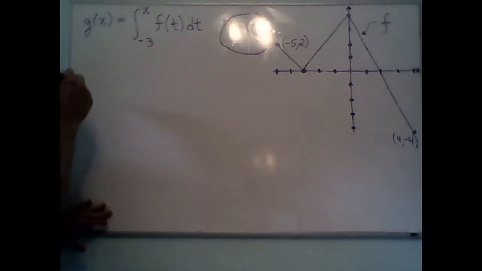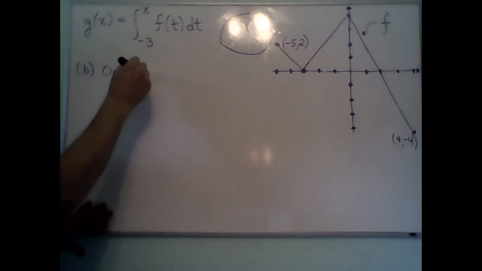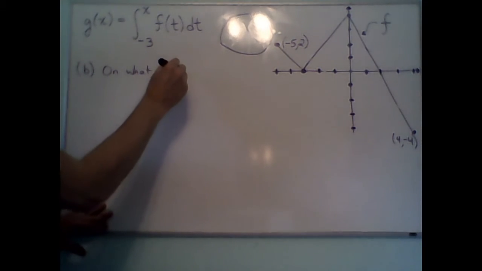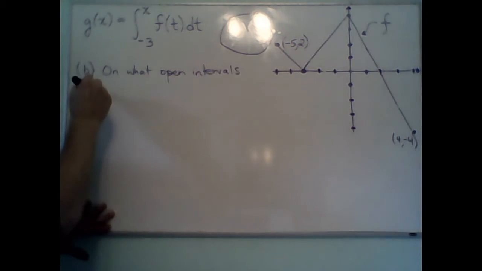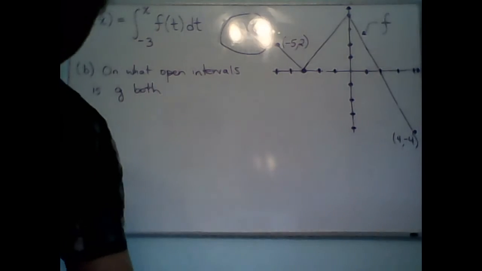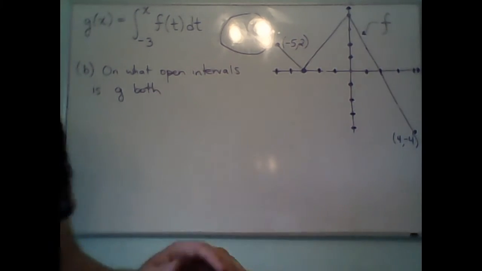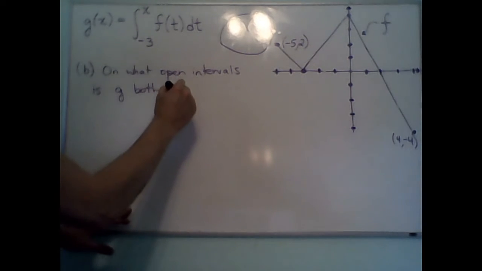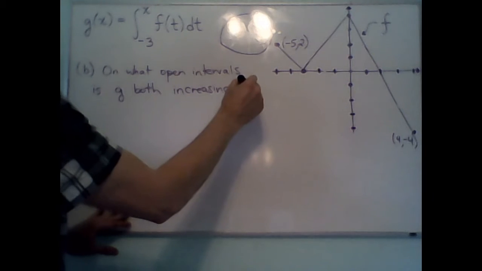And part B says on what open intervals is the graph of g both, let's see, what did it say? Increasing and concave down. And give a reason for your answer.